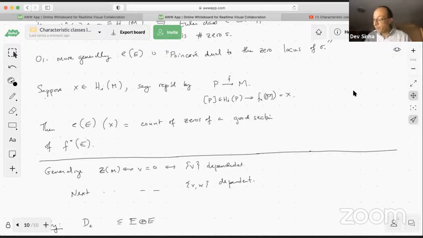For the second dependent set, so Z of M is going to be our D1, the first dependent set. The second dependent set is going to be the set of V plus W such that V and W is a dependent set.